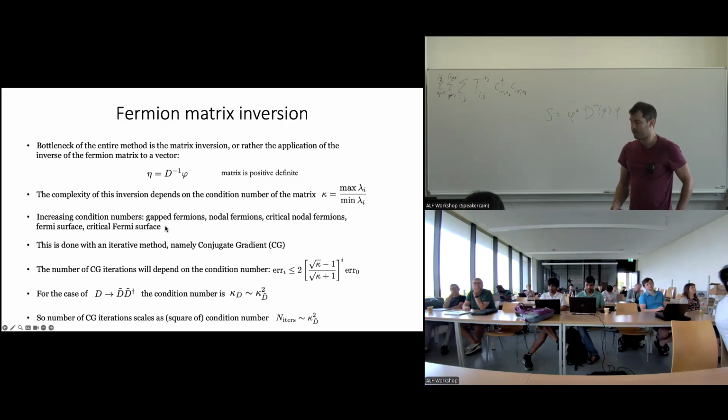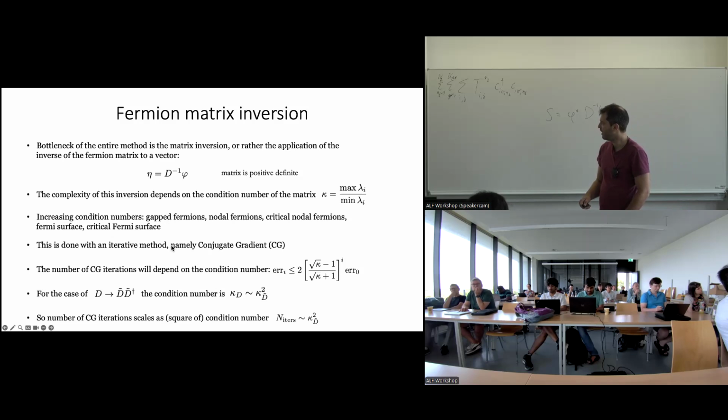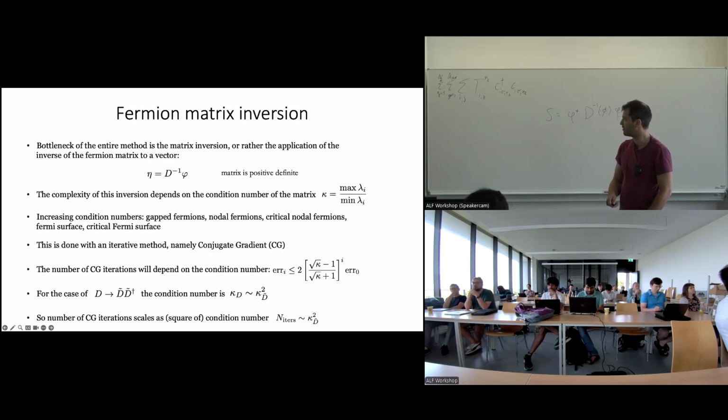And the way that we solve this equation is with an iterative method, namely conjugate gradient. You don't have to use it, but that's what we use. Of course, you don't actually compute the full inverse D inverse. What you actually want is the application of D inverse times a vector.